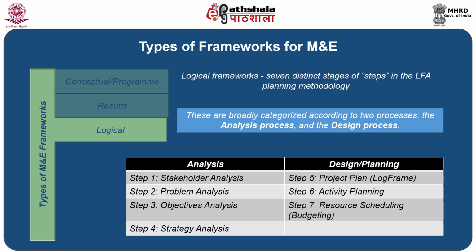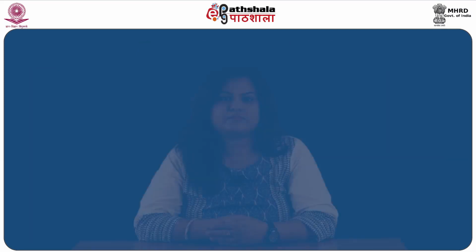Step 1 is the stakeholder analysis, step 2 problem analysis, step 3 objectives analysis, step 4 strategy analysis. The design or planning process has 3 steps: step 5, project plan or the log frame. Step 6 is activity planning. Step 7 is resource scheduling or budgeting.